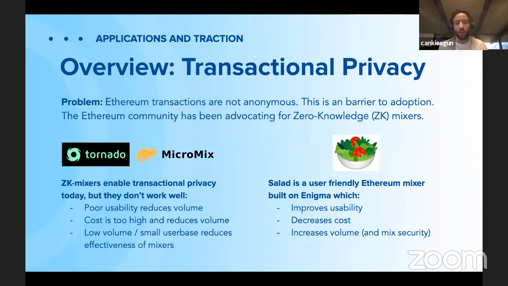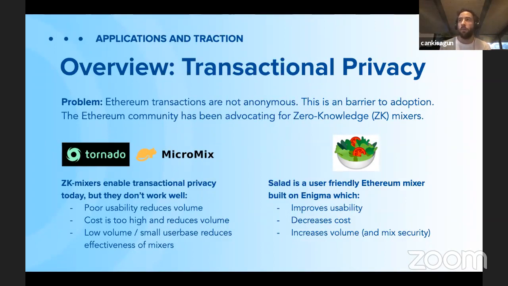Mixers aim to break the link between the sender and the recipient address. Right now, there is one product on Ethereum mainnet called Tornado Cash. I think they just did their version 2 and are seeing some positive engagement. And then we're hoping to launch Salad as a superior product to Tornado Cash.